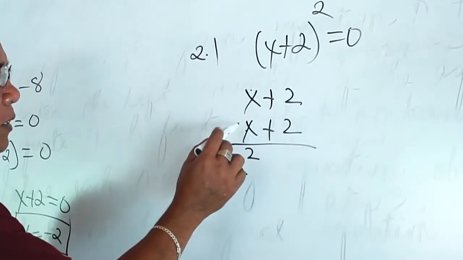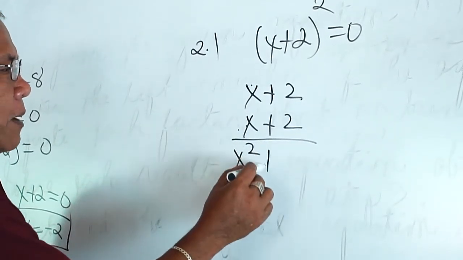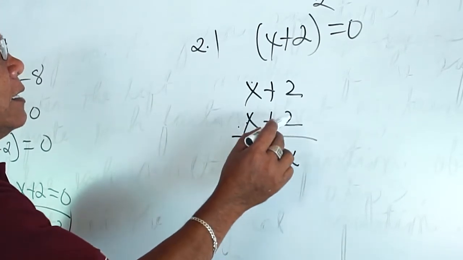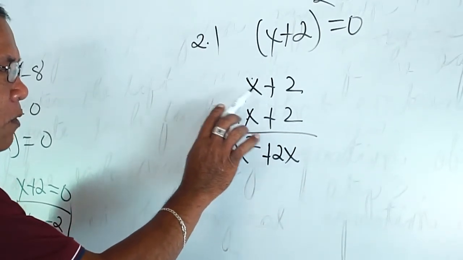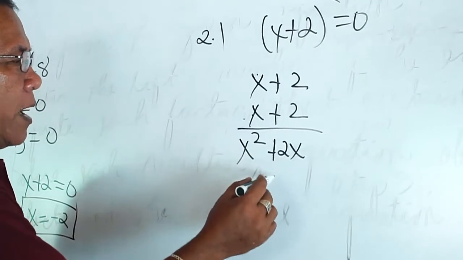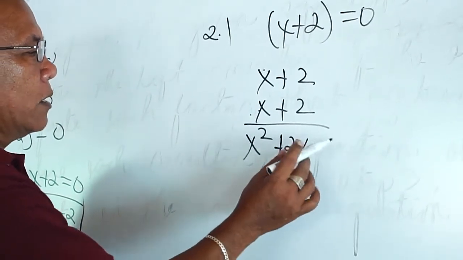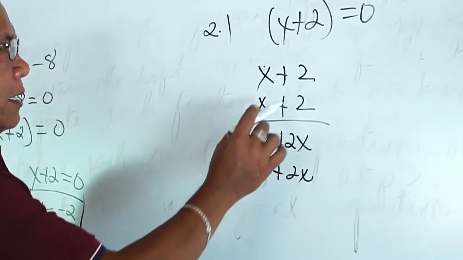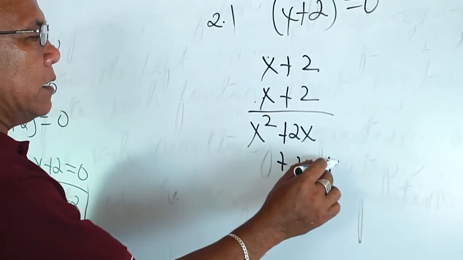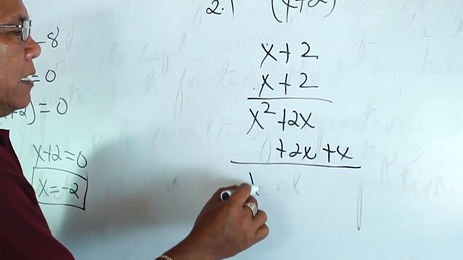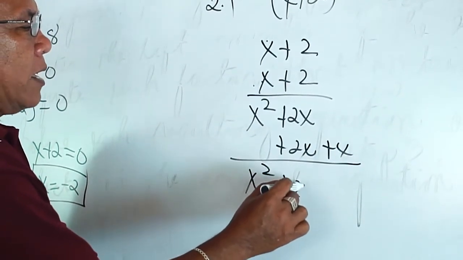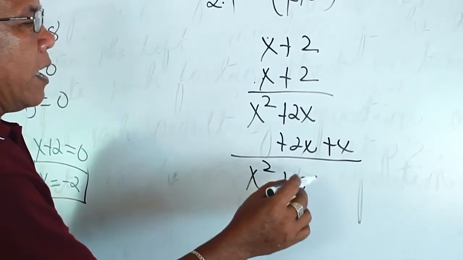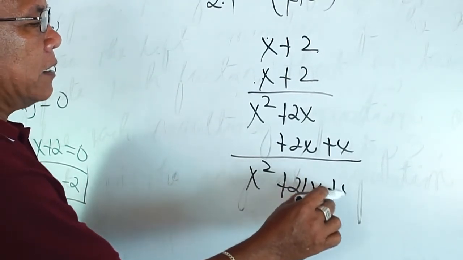Then positive 2 multiplied by x is positive 2x. Then x multiplied by positive 2 is positive 2x. Then 2 times 2 is positive 4. Then add: x squared plus 2x plus 2x, that is 4x, then plus 4.